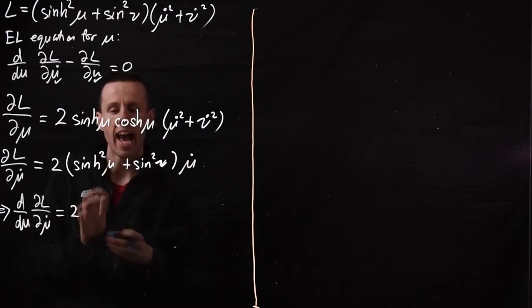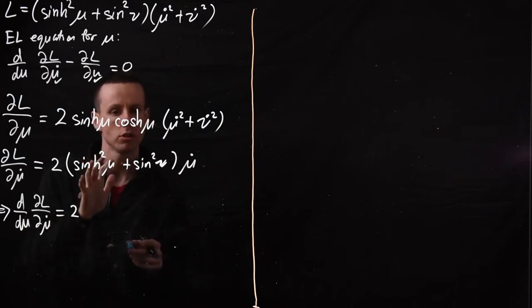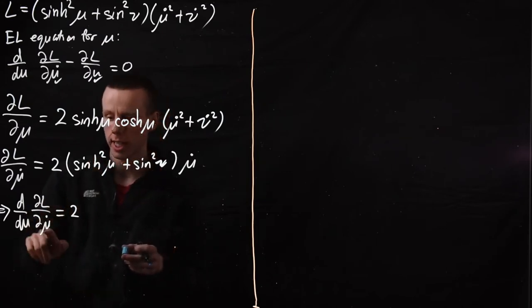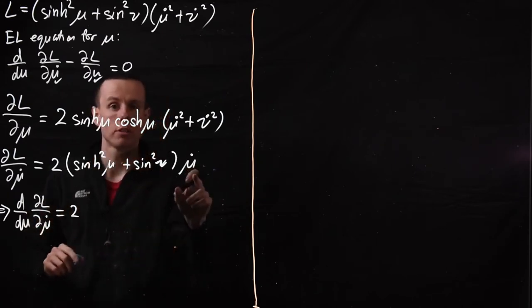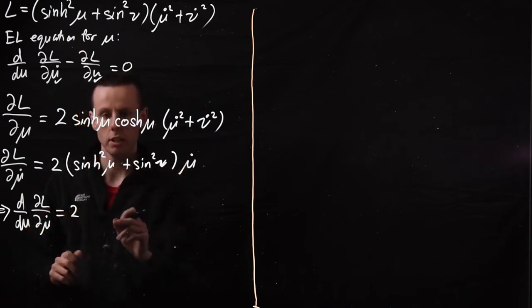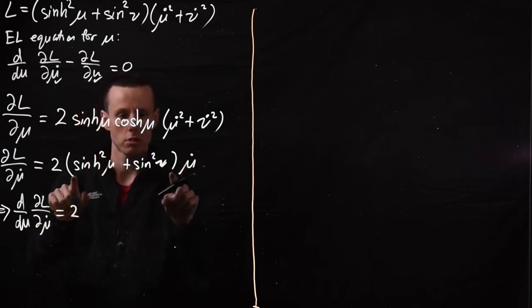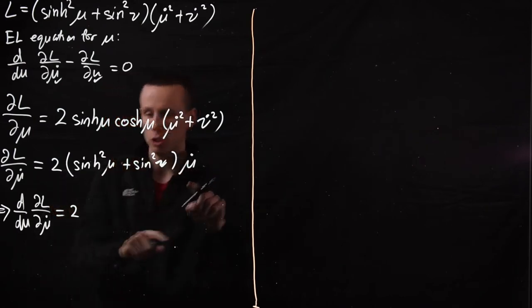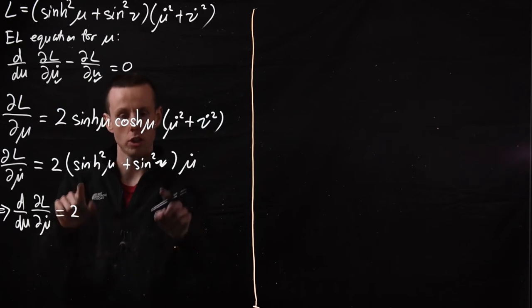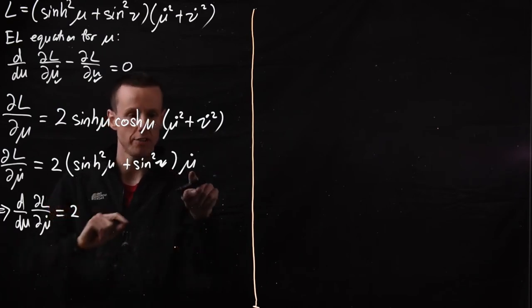Okay, so everything here is a function of u. So the coordinates mu and nu are functions of u, and mu dot is also a function of u. So product rule has to be used here. So I've got this bracket multiplied by this. So in the first term of the product rule, let's keep this bit as it is and differentiate this.